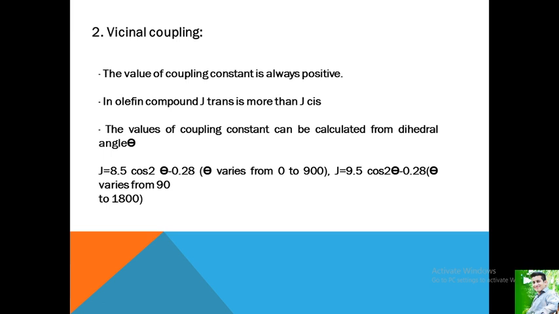The value of the coupling constant can be calculated from the dihedral angle, where J is equal to 8.5 cos square theta minus 0.28, where theta varies from 0 to 90 degree. And J is equal to 9.5 cos square theta minus 0.28, in which case theta varies from 90 to 180 degree.